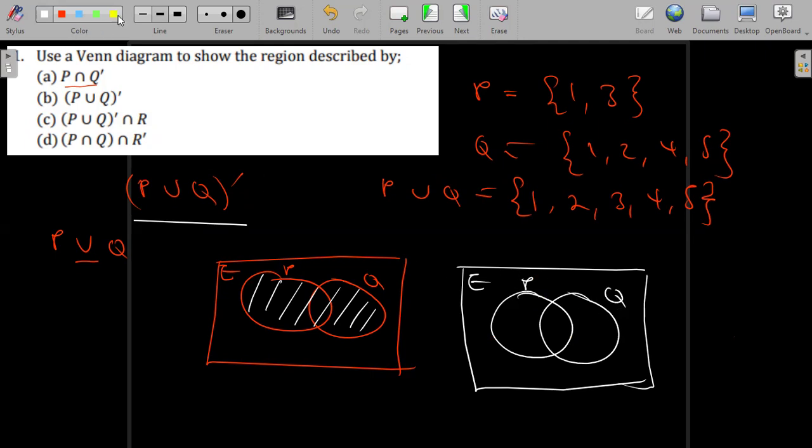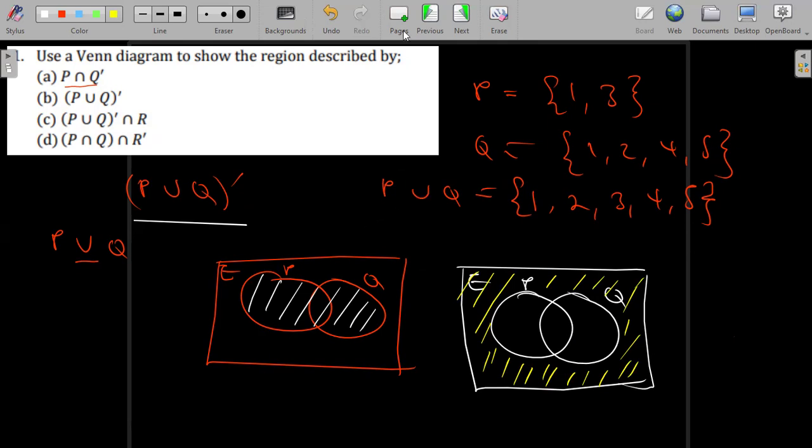So anything outside where we didn't shade there, that is going to be my P union Q complement. So I'm not going to shade set P and Q, but I'll shade the remaining part of this universal set. So this here is going to be my P union Q complement.